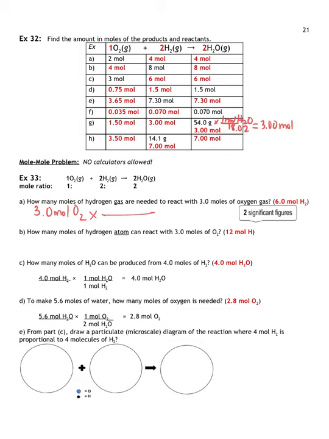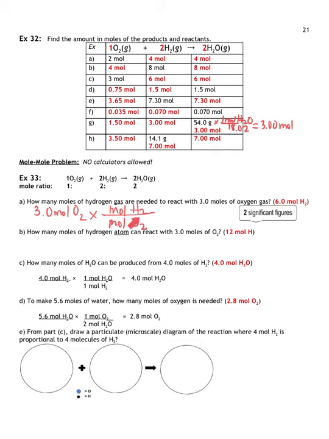What you want to do is ratio moles of hydrogen on top is what you need. Moles of oxygen is what you're trying to cross cancel. Notice the units to cross cancel are the same here, so you can get to the units you desire, which is moles of hydrogen.